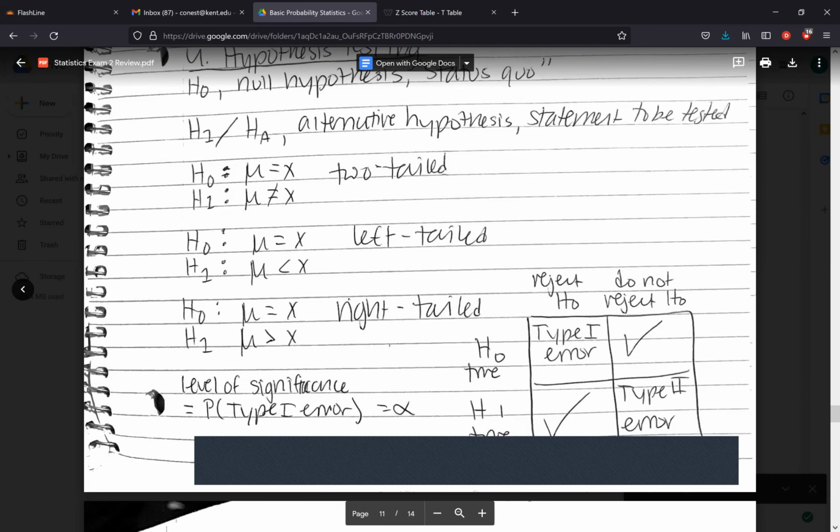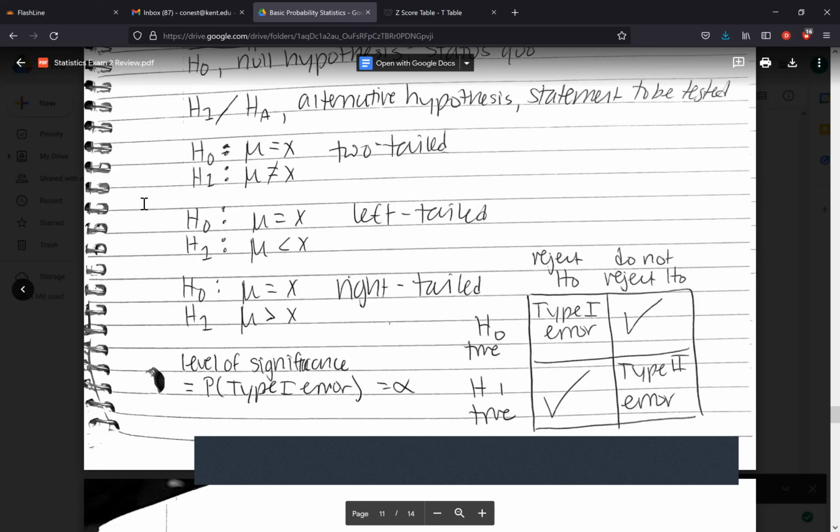And we have different ways that we can write the null and the alternative hypotheses. So a two-tailed test is when we want to check that, for example, mu is not equal to something.